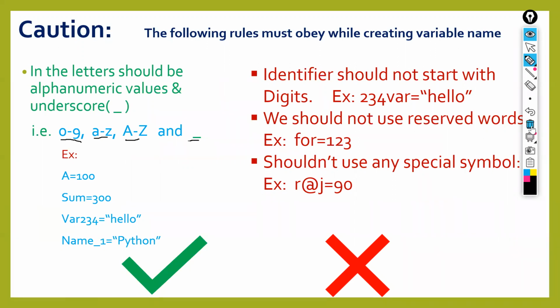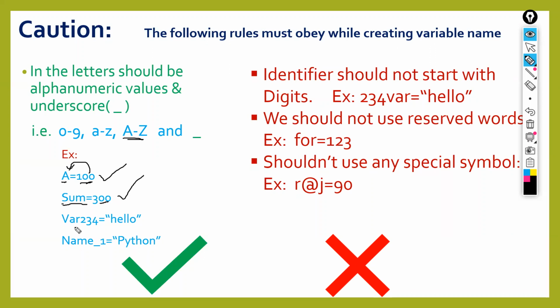So let's see examples. Now I want to assign the value 100 in my code to capital A. Yes, capital A is in the range, so it is valid. Now sum equal to 300. The value 300 is assigned to sum. S is uppercase, U and M are lowercase. Now it is also valid.